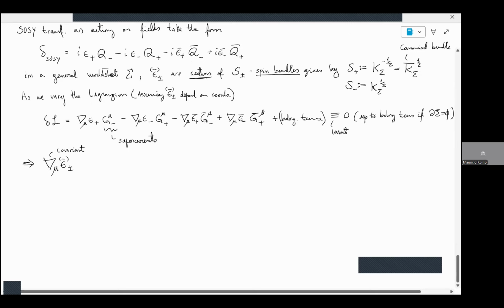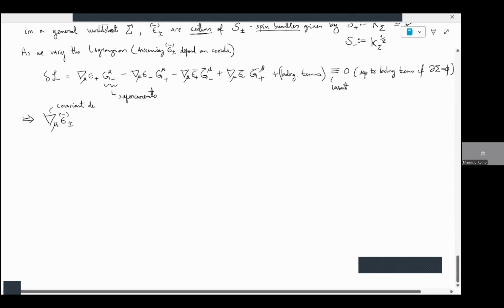So this covariant derivative acting on this is equal to zero. But in sigma not flat, there don't exist constant sections of the spin bundle.